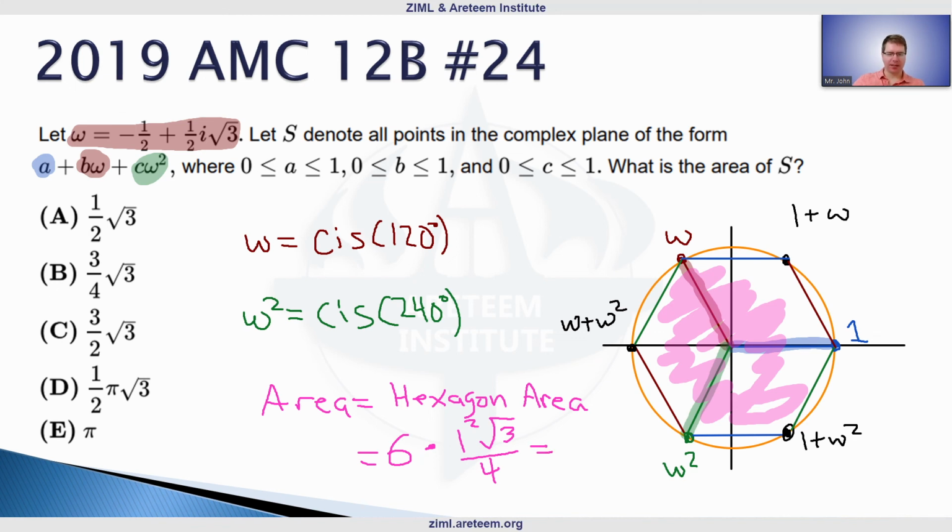So after canceling the 2's, we get 3 root 3 over 2. And that is going to be our final answer in this case. The area of this region S is 3/2 root 3, or answer choice C.